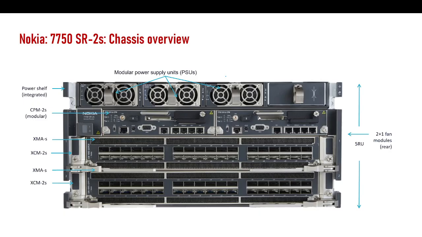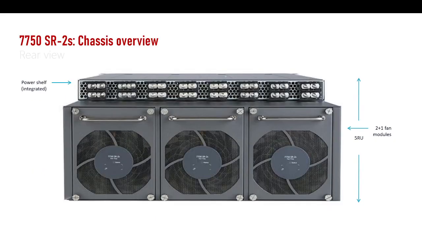You can see that we can have different cards. We have the line cards, we have the power modules, we have the fan. When you check the rear view, you can see that we have the power shelf, we have the fan modules, multiple of them. So this one you can remove the fan and then do the cleaning and return it. You can replace a power module.